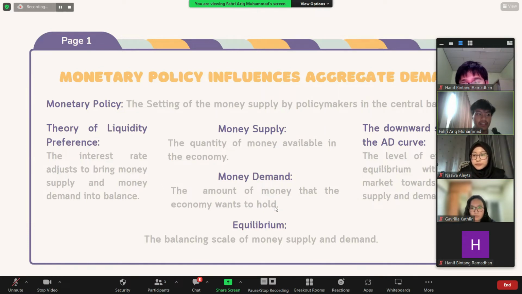For money supply, it is the quantity of money available in the economy. The quantity itself is set by government policy and is done through the purchase and sale of government bonds in open market operations. For money demand, it is the amount of money that the economy wants to hold.